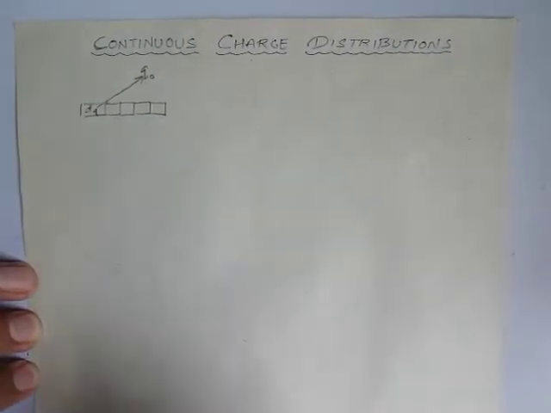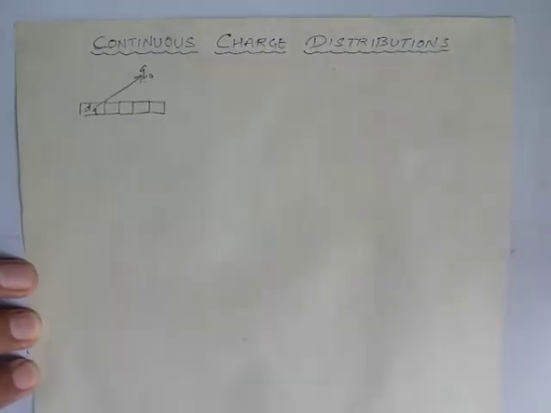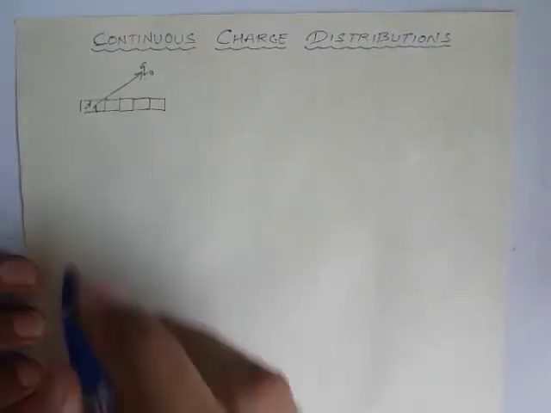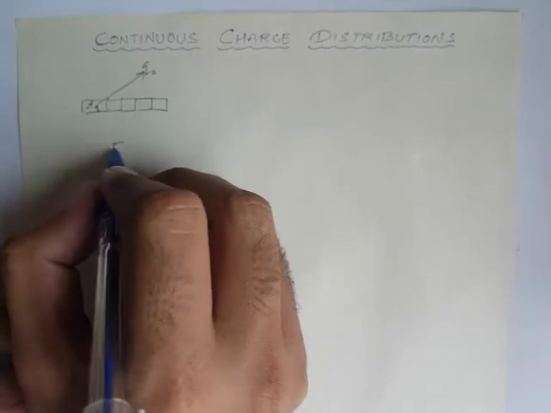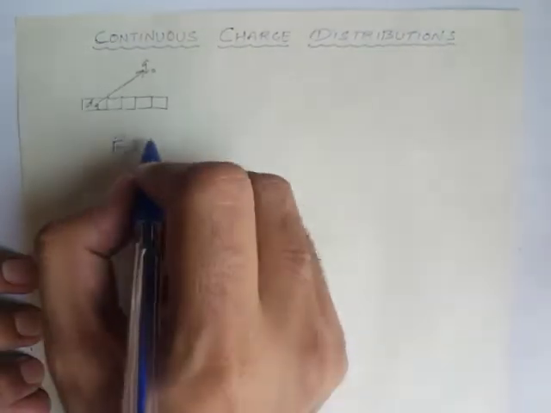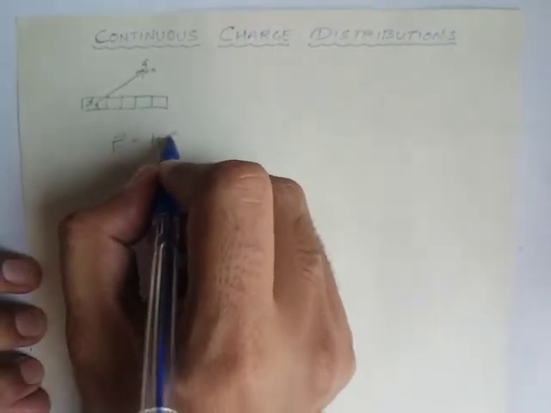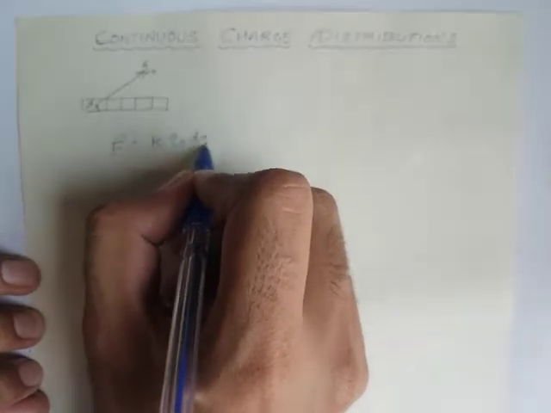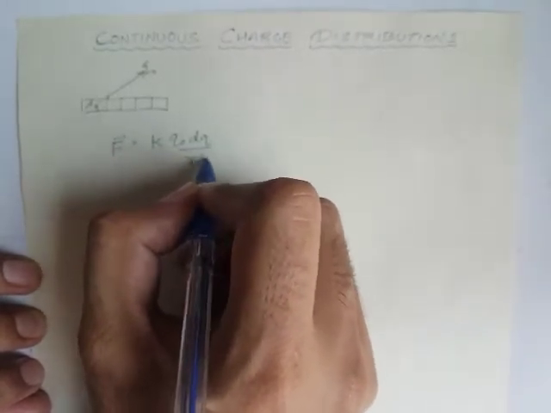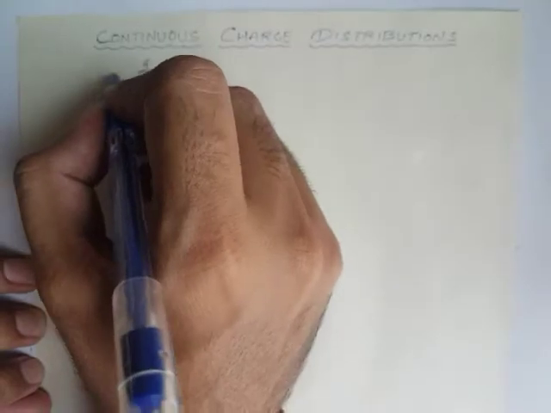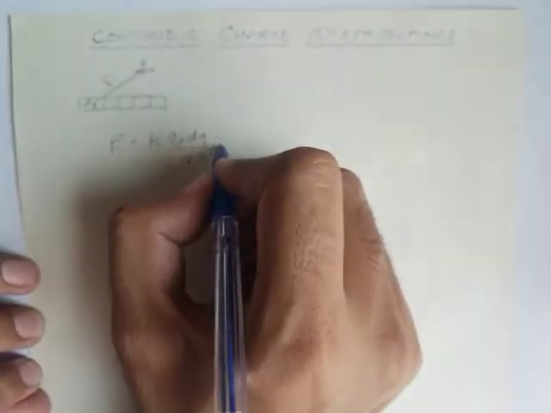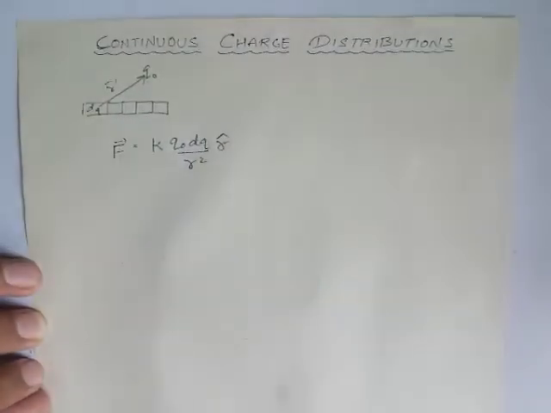If I need to find the force, we can say F equals K Q naught dq upon r square. If it is pointing in this direction, we can also write it this way.